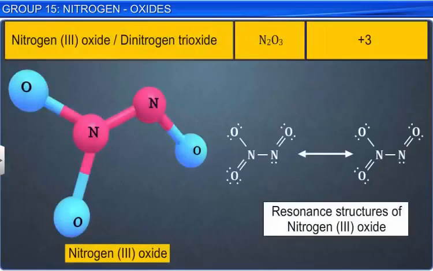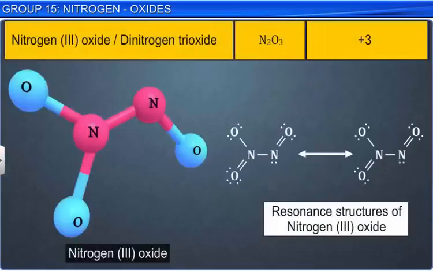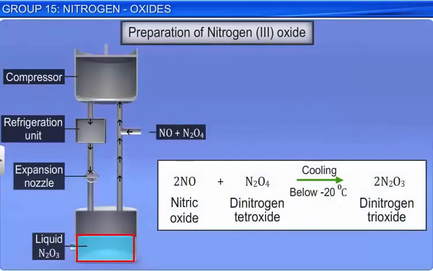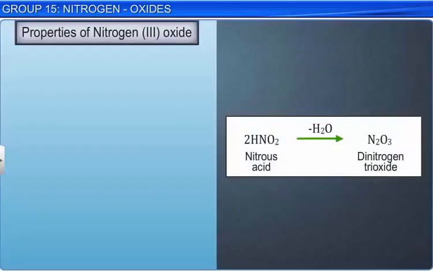Nitrogen-3 oxide, also referred to as dinitrogen trioxide or nitrogen sesquioxide, is obtained as a blue liquid when a mixture of nitric oxide and nitrogen dioxide or dinitrogen tetraoxide is cooled to below -20 degrees Celsius. You can see from the equation that dinitrogen trioxide is the anhydride of nitrous acid.